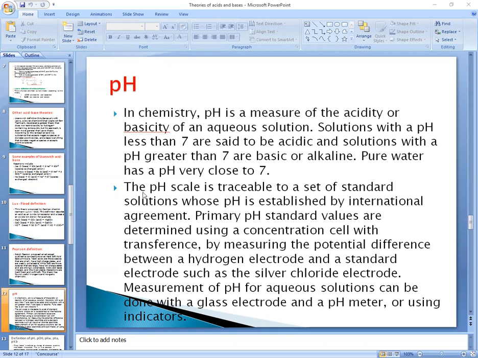So that's why a pH scale is traceable for a set of standard solutions.